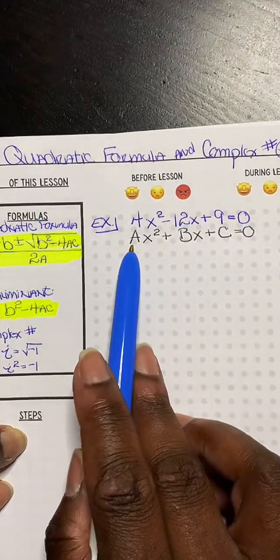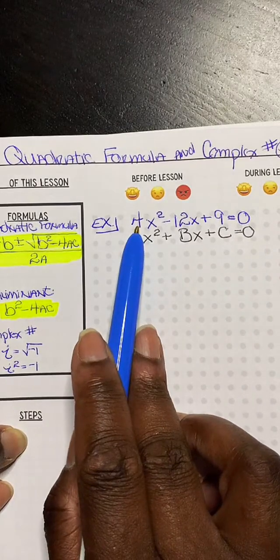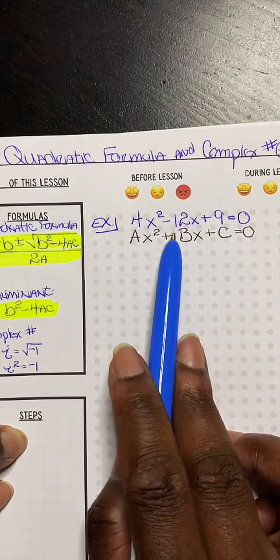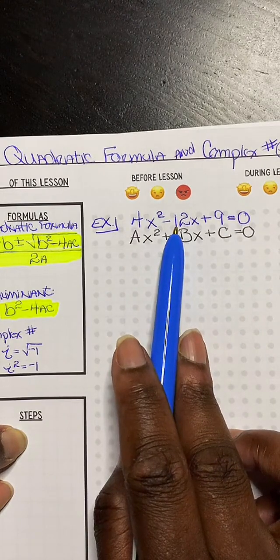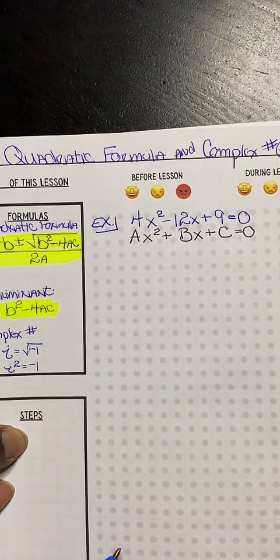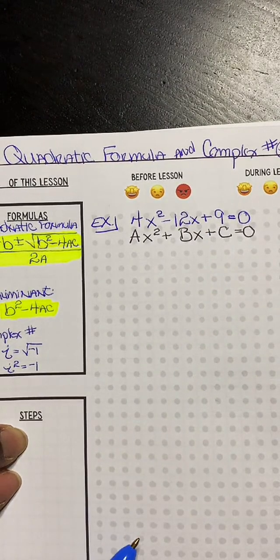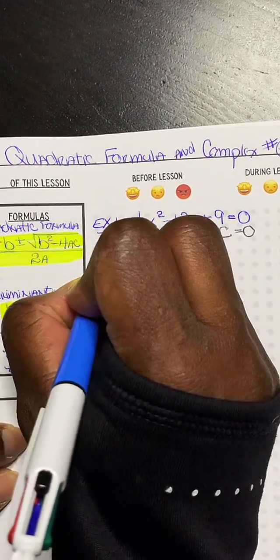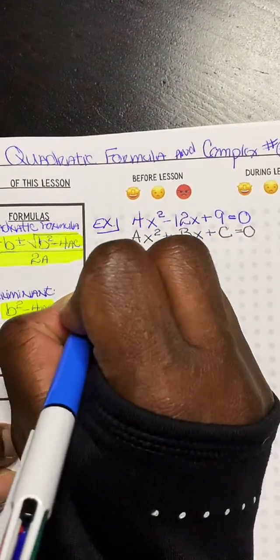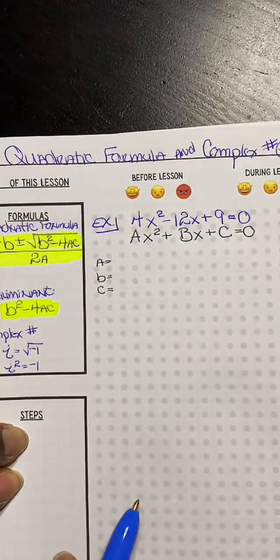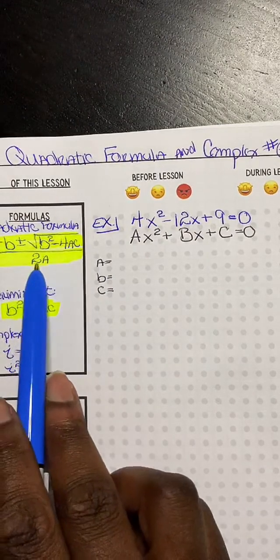Your a is always the coefficient of the x squared, your b, including its sign, is the coefficient of the x, and the c is the constant. So first, let's label what our a, b, and c are, so it's easier to plug into the formula.